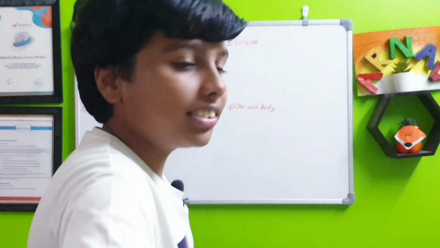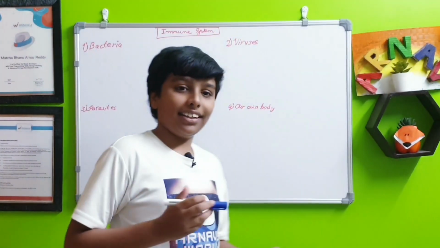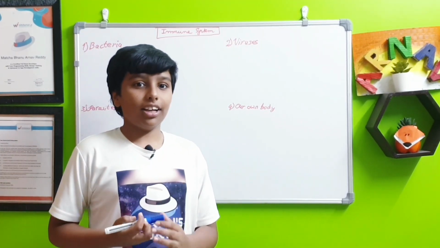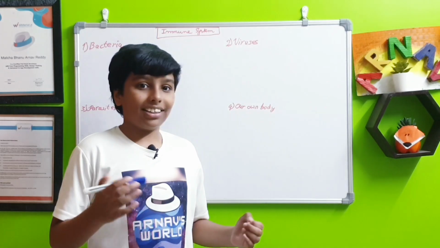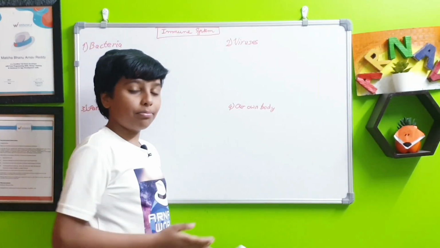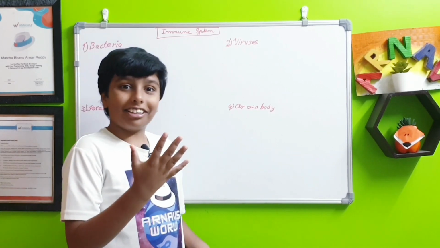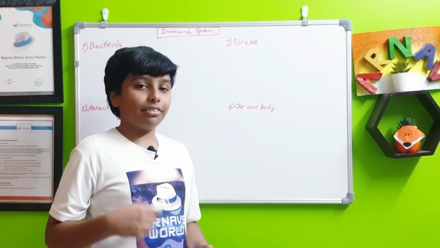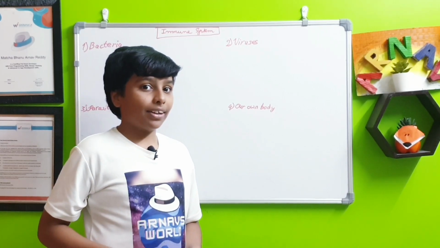So first, bacteria. How do they even enter our body? Normally, when there's a contaminated surface and we put our hands or any other body part on it, we also get contaminated by that bacteria. Then it will enter our body where it will start to infect.